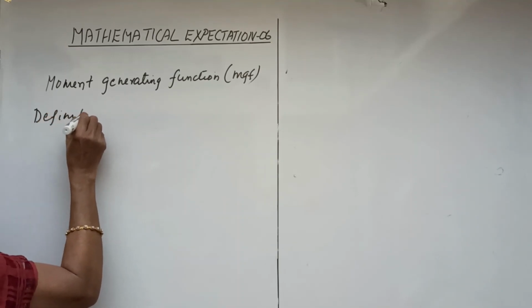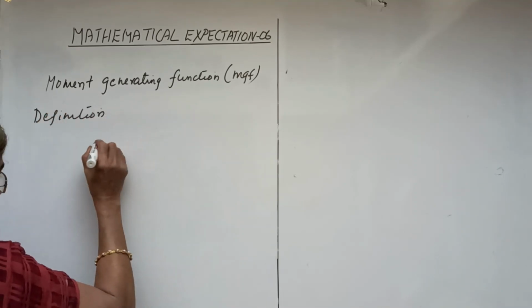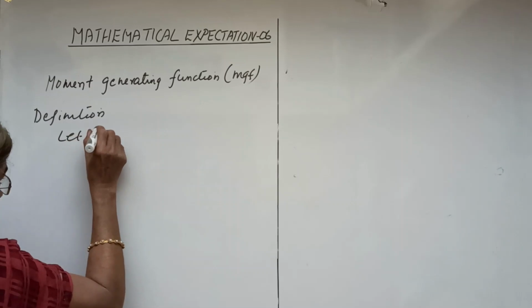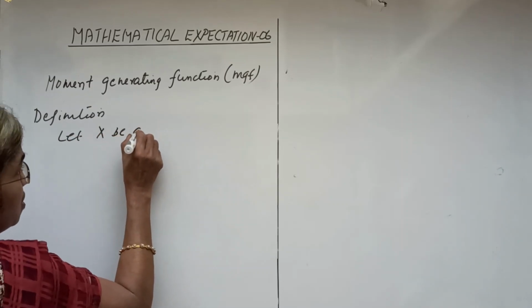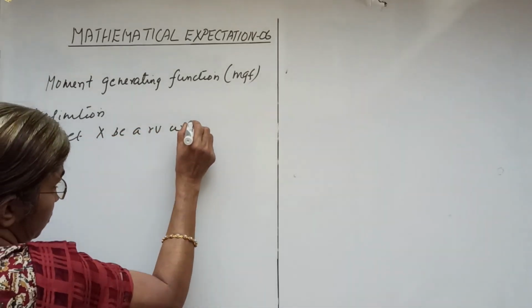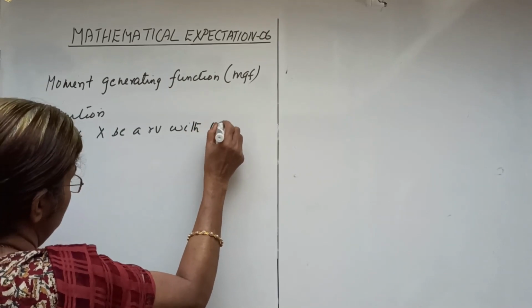Okay, so we define the function. Definition: let X be a random variable with PDF f of x, whether it is discrete or continuous.